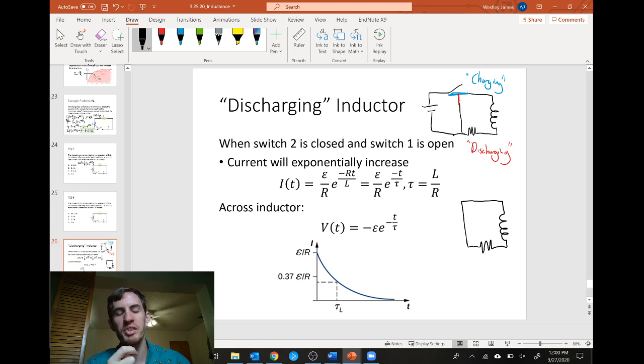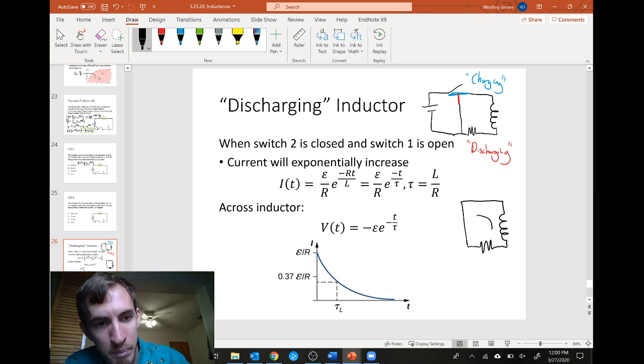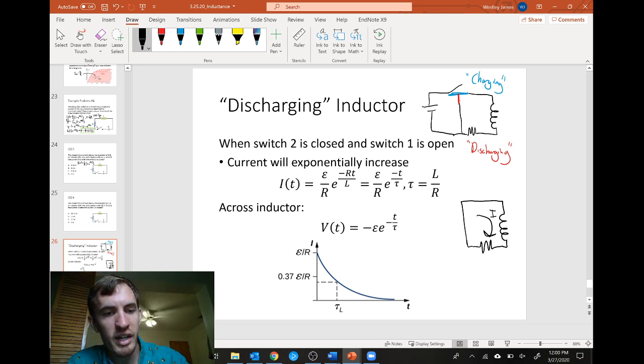Well, the inductor was happy with current flowing. The inductor was like, yeah, I want this current to be flowing. So the inductor will actually keep pushing current through this to try to keep magnetic flux constant. The inductor will generate current.